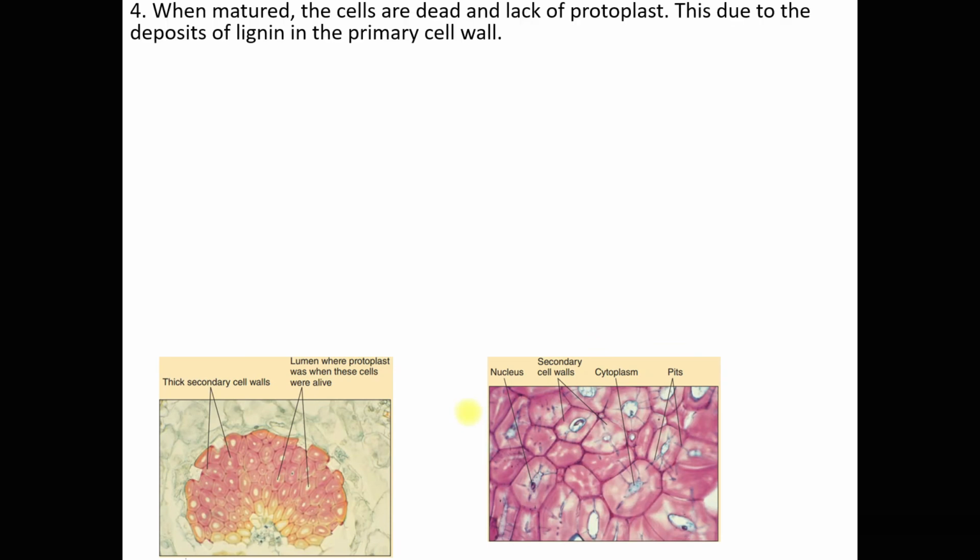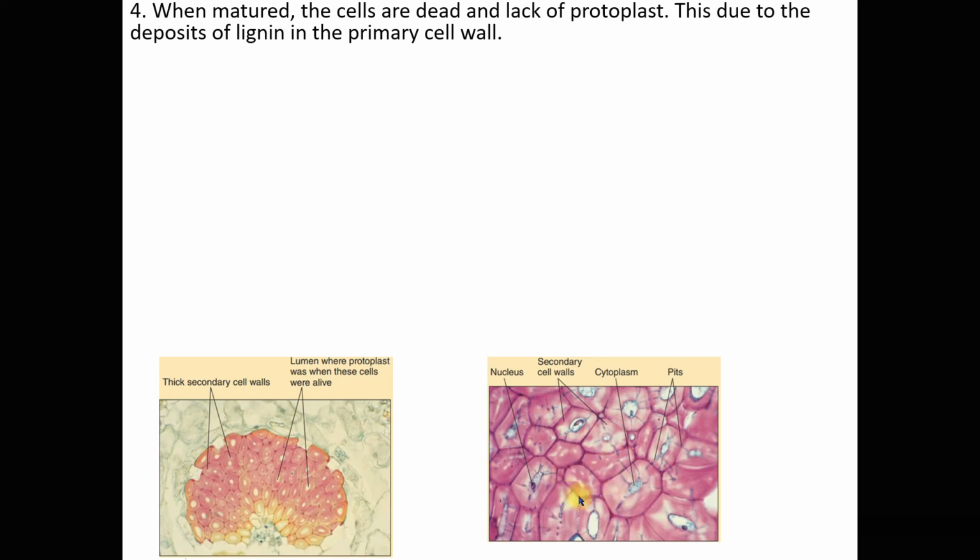Now, when matured, these sclerenchyma cells are dead and lack protoplast. If you look here, this one has no protoplast. This particular stone cell doesn't have protoplast. Protoplast is the nucleus and cytoplasm of the cell.